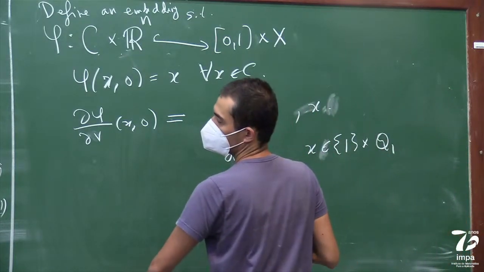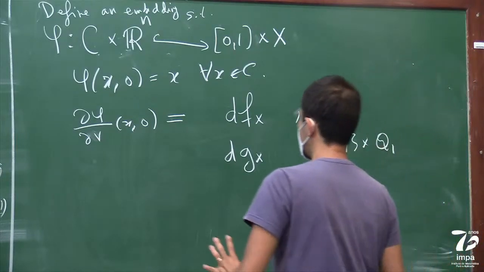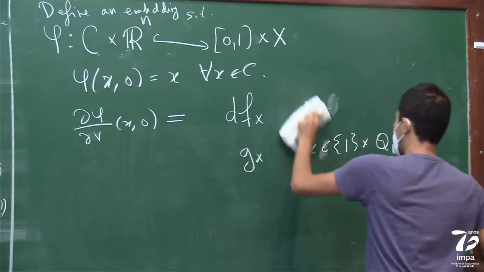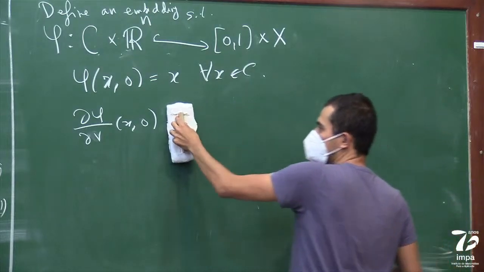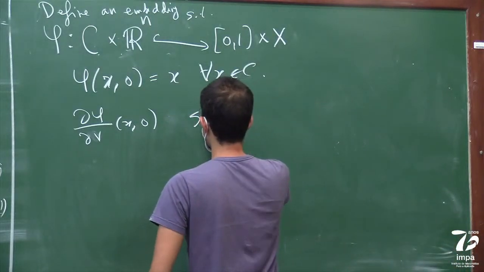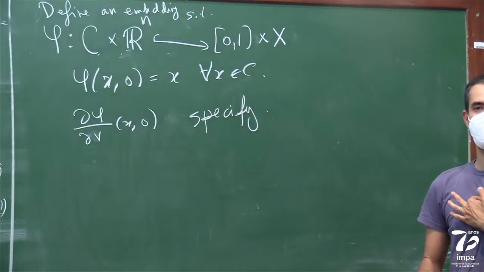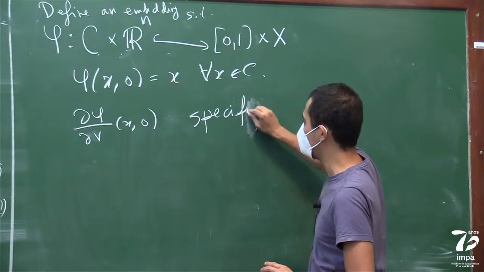Okay, actually, let me not write this down yet. Let me just say that this is specified, and I'm going to specify it later, because I want you to understand what I'm doing and not write down a bunch of stuff. But it's specified, and I'll come back to this.